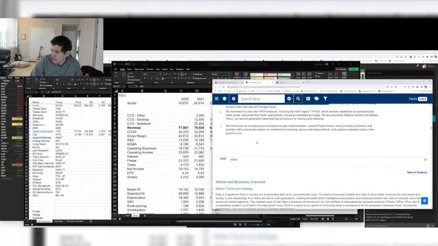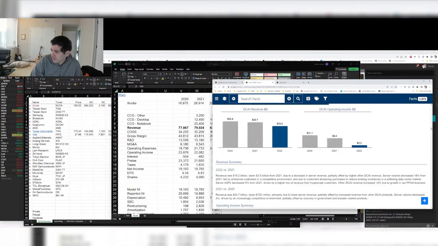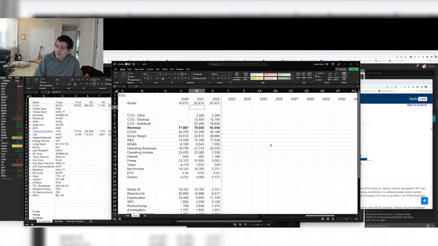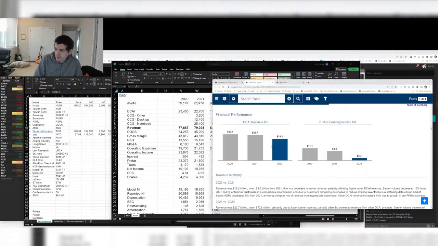So here's data center and AI. Yeah, it's amazing to see their revenue go like this while Nvidia's goes like that.